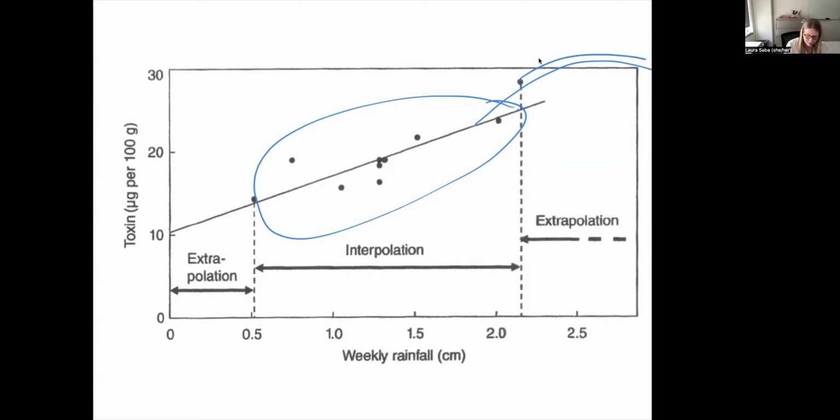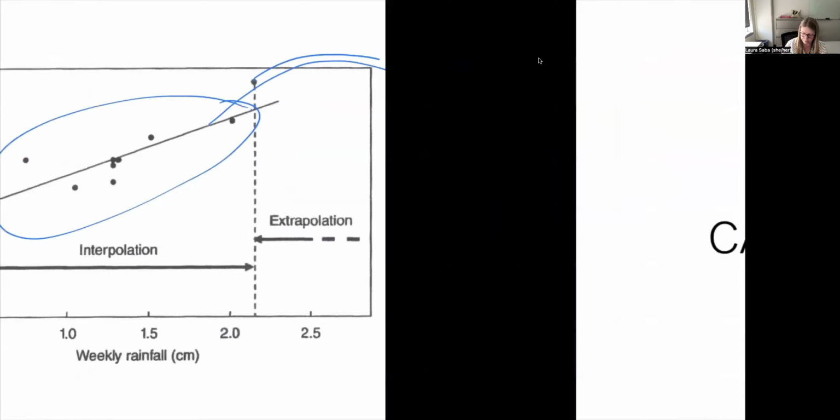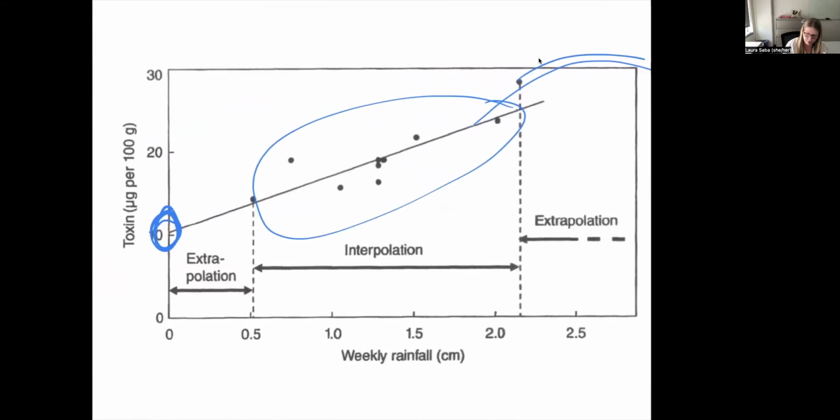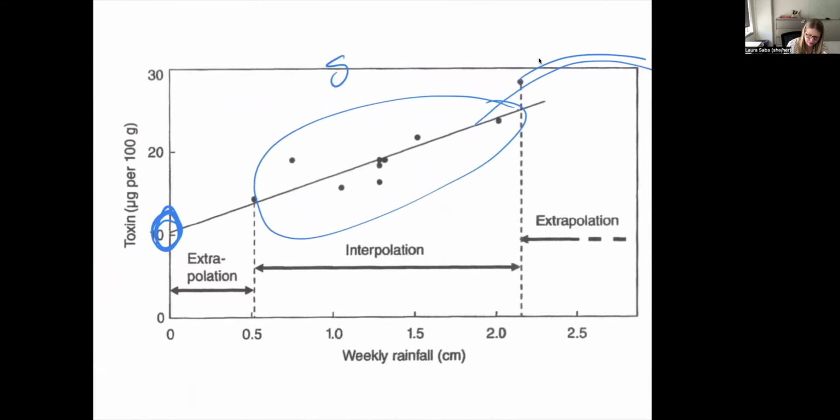And likewise, zero doesn't make much sense. We don't know what we would actually observe if we saw something as drastic as zero rainfall. So this is safe, and this is more dangerous.